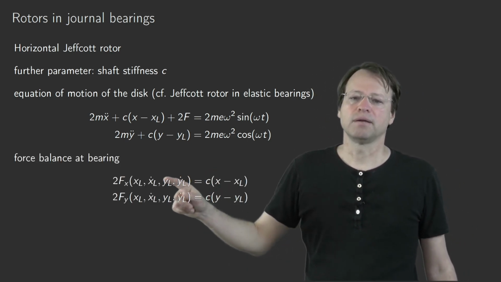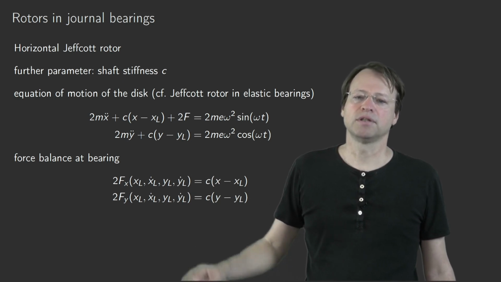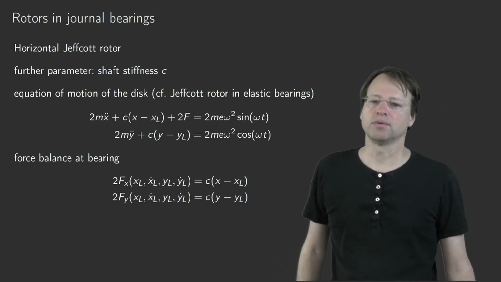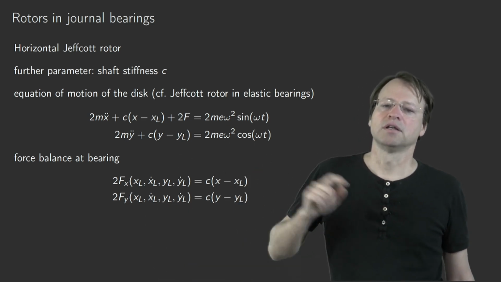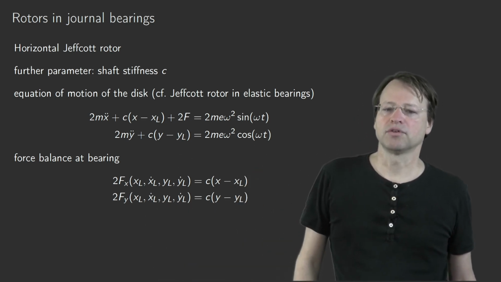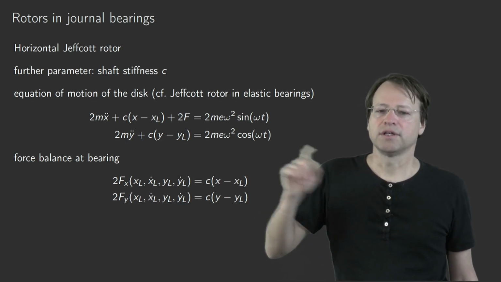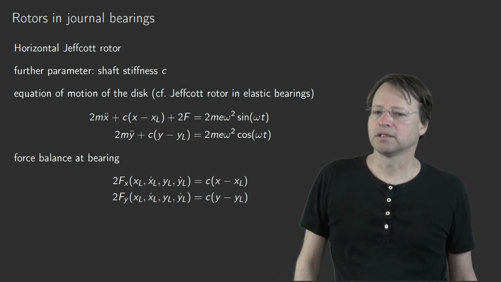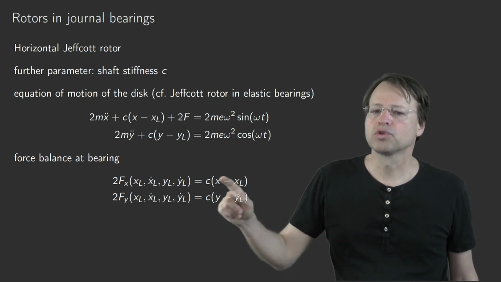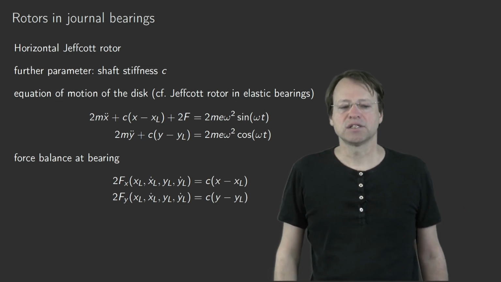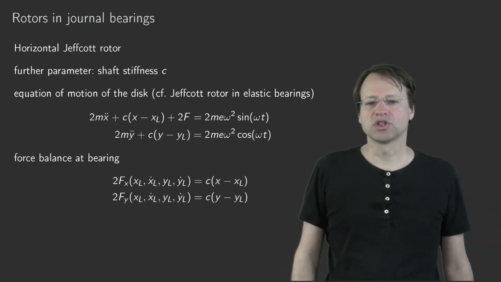So we have a force balance at the bearing between the vertical and lateral bearing forces on the one hand, and the restoring force on the other hand. We can write this equation in dimensionless form, and the fact that we now include another stiffness, namely the stiffness of the shaft, necessitates the introduction of an additional dimensionless parameter.